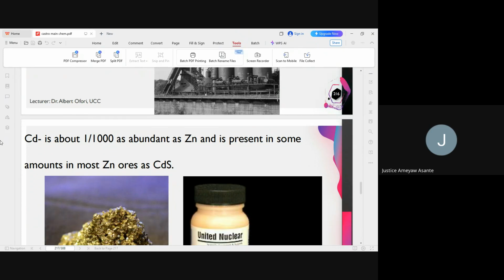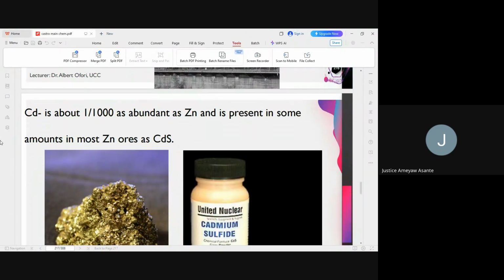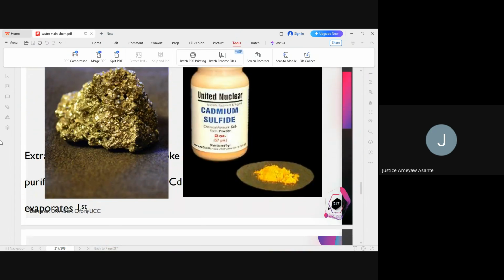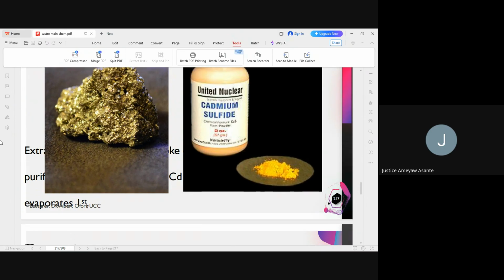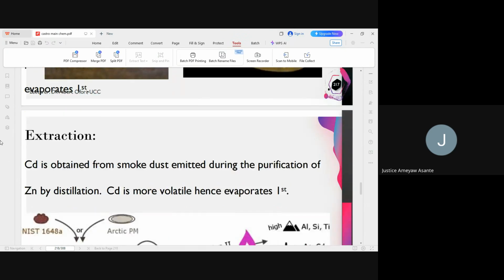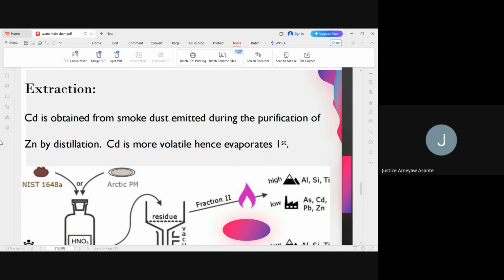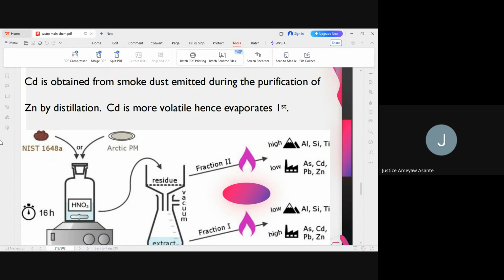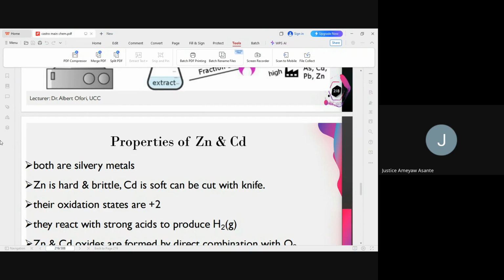So cadmium is about 1,000 times less abundant than zinc and is present in some amount in most zinc ores as cadmium sulfide. So this cadmium sulfide is obtained from smoke dust emitted during purification of zinc by distillation. Cadmium is more volatile, meaning fluids. Both are silver metals.